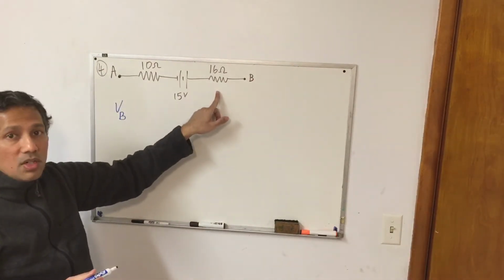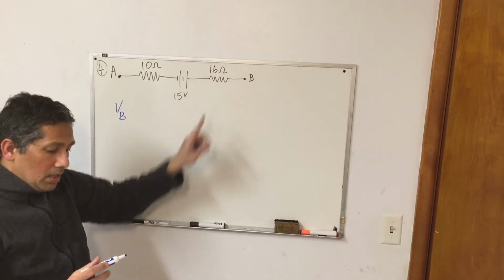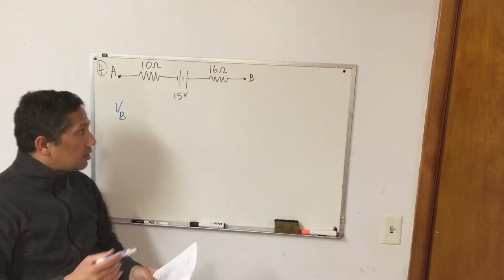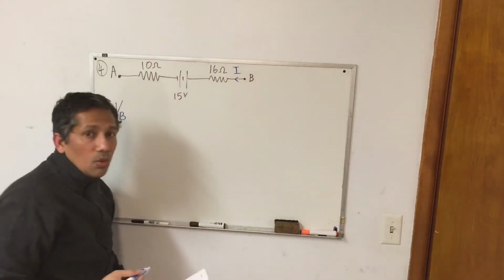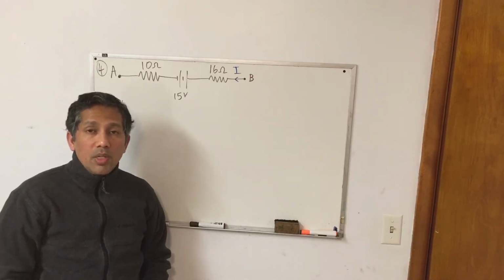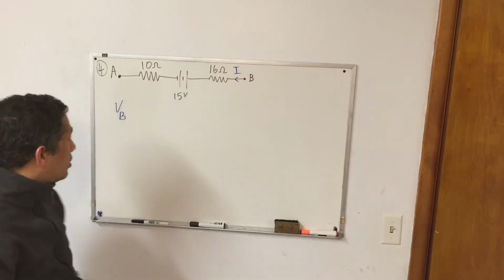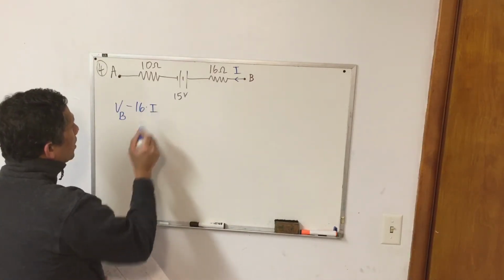Well, I see a 16 ohm resistor. How much potential difference do I lose or gain? Well, there's a current I moving in the circuit, and it's going through a 16 ohm resistor. Since I'm traveling in the direction of the current, I'll be losing potential. So this is going to be VB minus 16 times I, right?